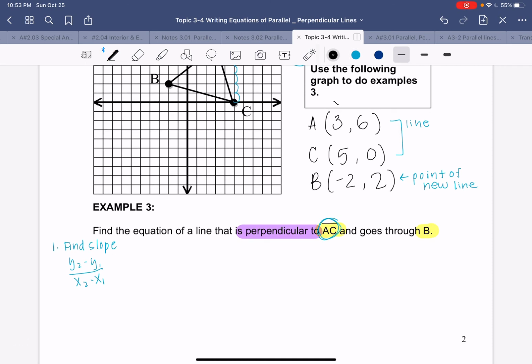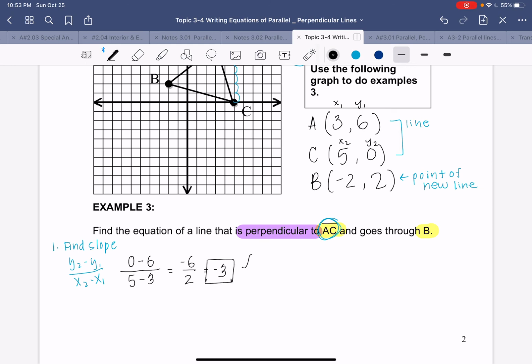Remember we have x1, y1, x2, y2. So our x2 is 0 minus our x1, which is 6, over our x2, which is 5, and then our y1. So we have, again, negative 6 over 2, which gets us negative 3. So that's the slope of the line.